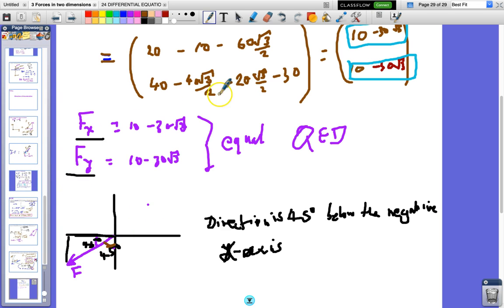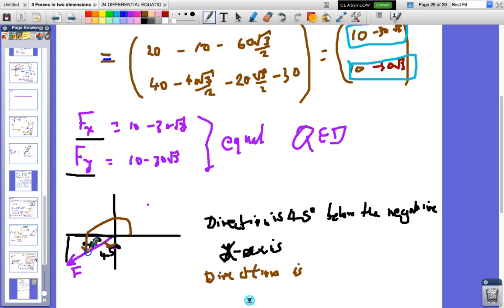And also, you can just give this angle, which is also okay.